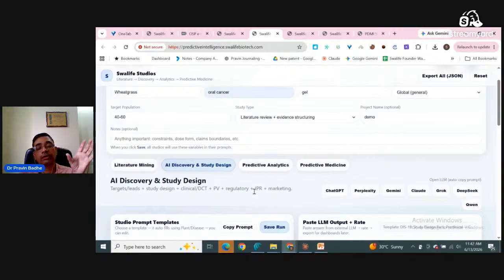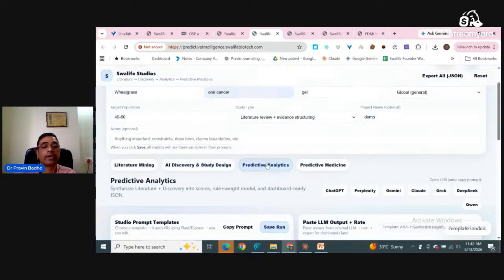For the wheatgrass and the disease, and for the gel, then we go for predictive analytics, where synthesized literature is helping to discover based on the scores and the rule and weight model. And you will be developing a dashboard.